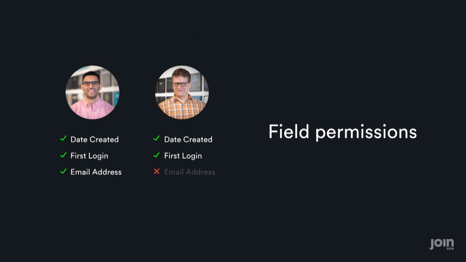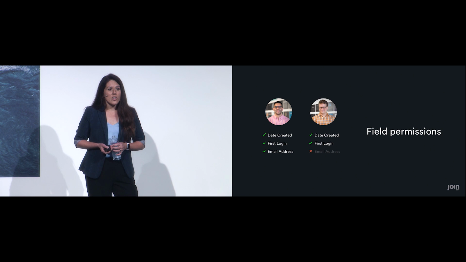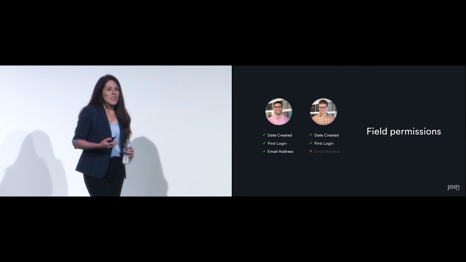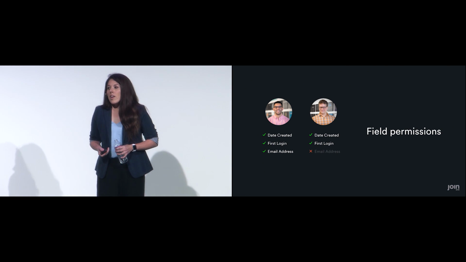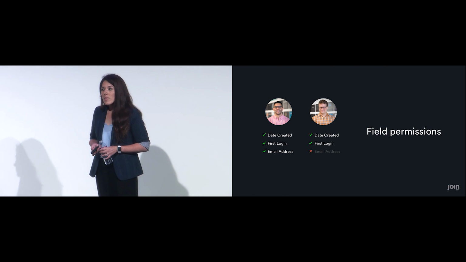This user should not have access to email addresses. Email addresses are, after all, PII. It's personally identifiable information about our users, and I should restrict PII to only members of my organization whose job function requires that they have that access. And in this case, user number 2 doesn't meet that requirement.